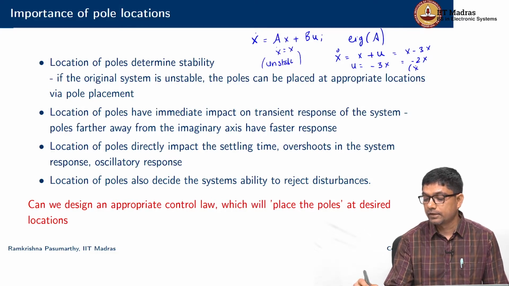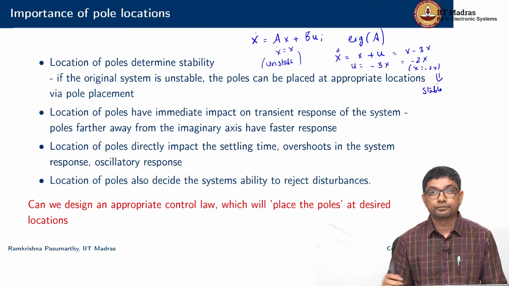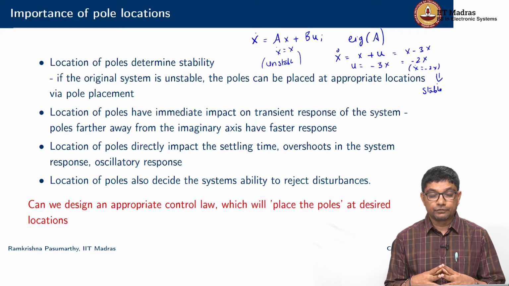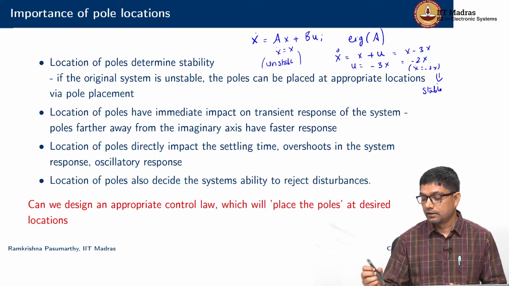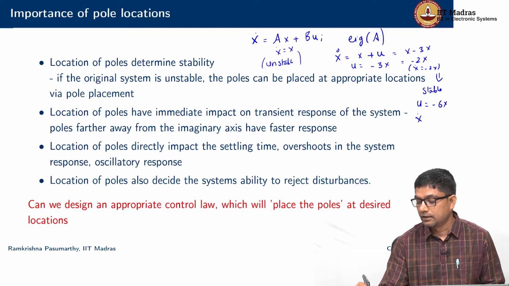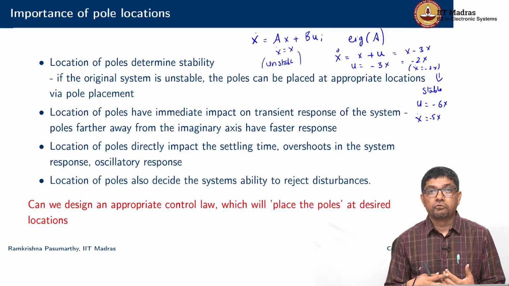Now, I am at a system where x dot is minus 2x, which is stable. So, if the original system is unstable, poles can be placed at appropriate locations, right. I can place not just at minus 2, if I want the pole at say minus 5, I just use u equal to minus 6x, resulting in x dot equal to negative of 5x with the pole at minus 5.